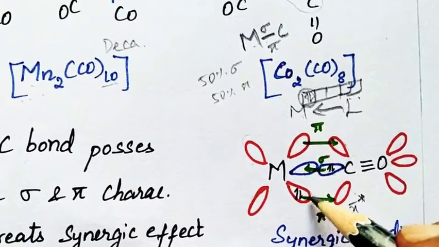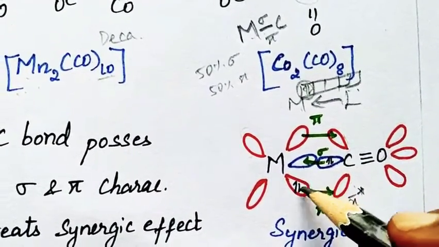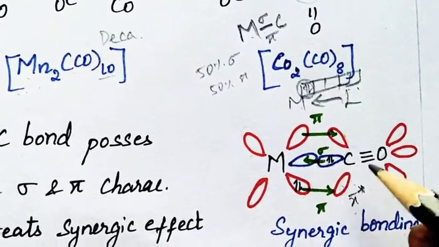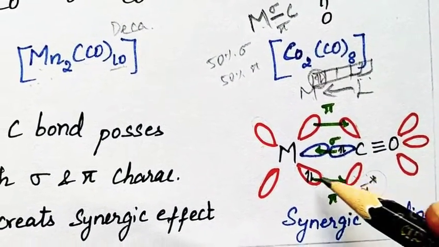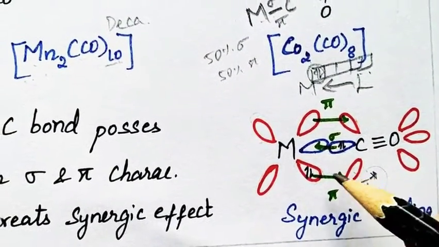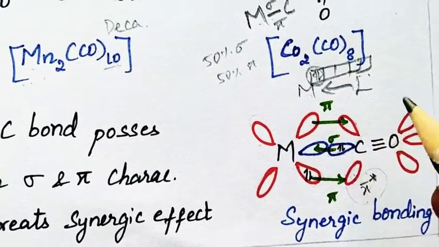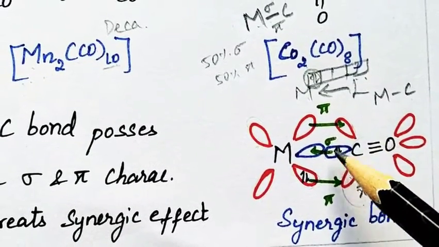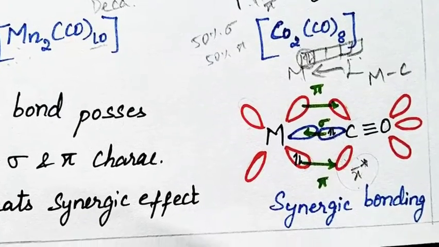It is a metal which has a completely filled orbital, and electrons from this filled orbital are donated to the pi star, that is an antibonding orbital of the ligand. So this forms the pi bond. In the same metal-carbon bond, we can see two types of bond: one sigma and another pi.